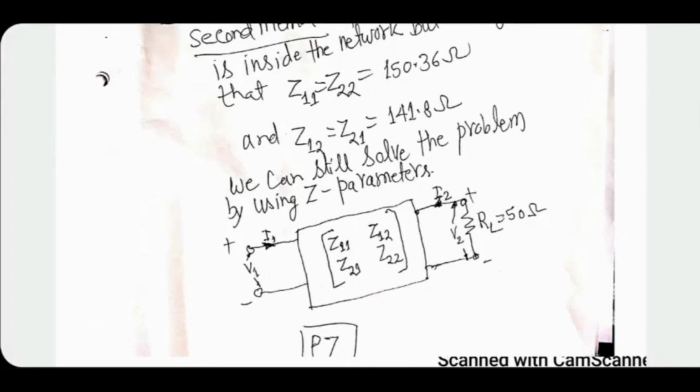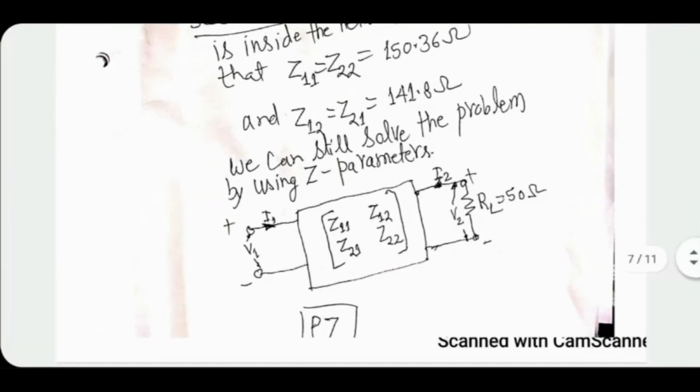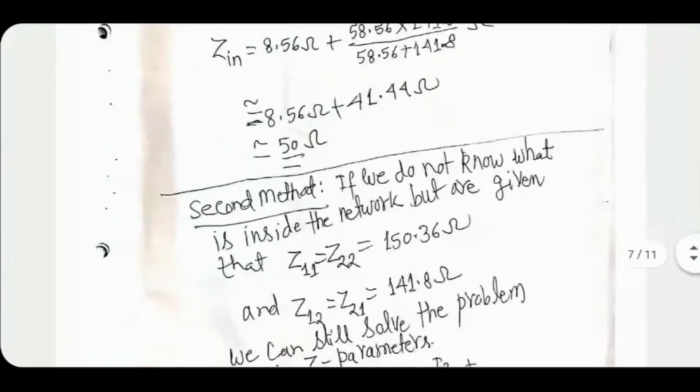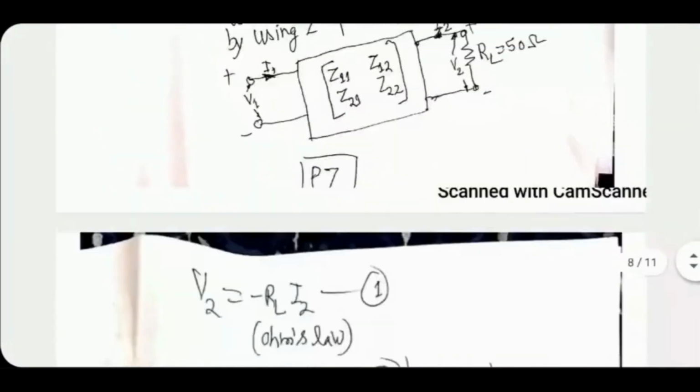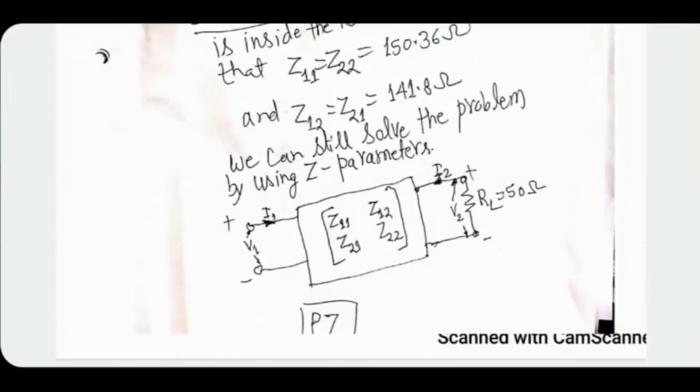In this particular case this is a longer technique, but in principle, this is the technique that helps in simplifying analysis for large systems. Z11, Z12, Z21, Z22 values are already known to me. So I write this representation for the network. And then since I have put RL equal to 50 ohm across the two output terminals, and I2 is supposed to be going inside, that's the way theory begins.